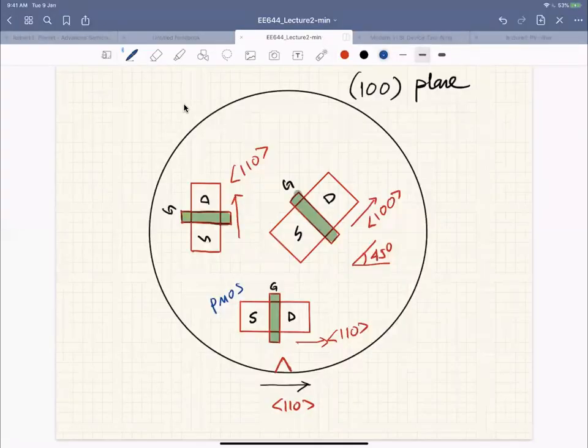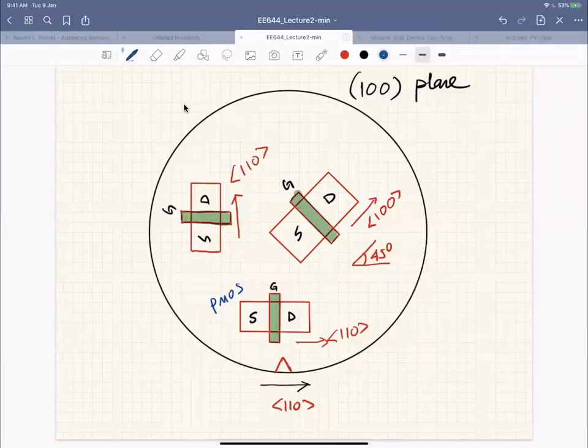The hole mobility is higher on the 110 plane, but since we are starting with the 100 plane, the hole mobility is always lower than the electron mobility. In modern transistors, the hole mobility is almost 1.5 times lower than the electron mobility.